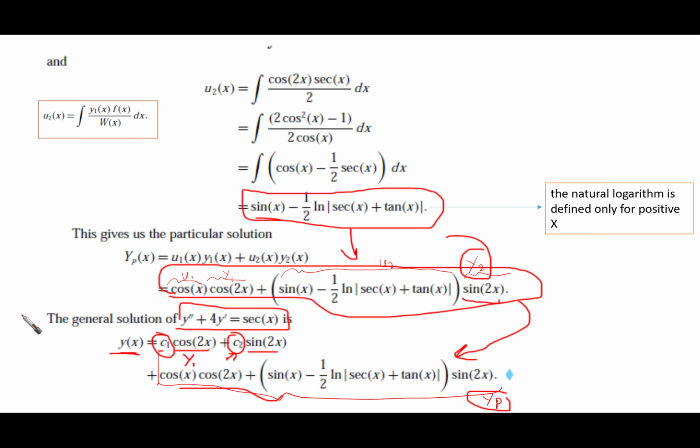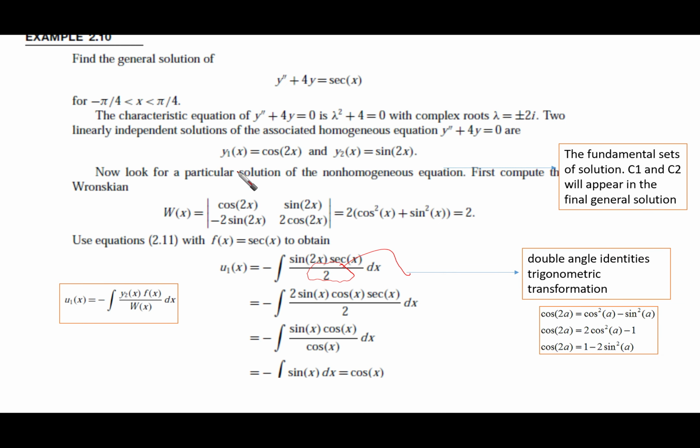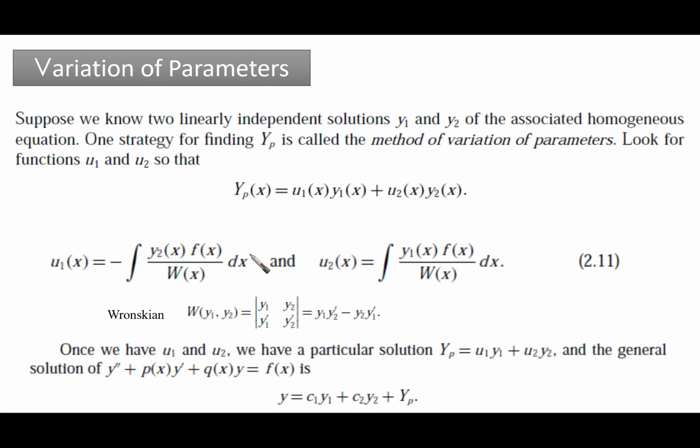Okay, so I hope that by this, now this is as simple as that. The non-homogeneous equation is really easy if you can obtain the set of solutions of the associated homogeneous equation. If you can do this, then you are going to find it very easy and smooth, because the particular solution, if we go back here, is pretty easy if you can obtain u1 and u2.